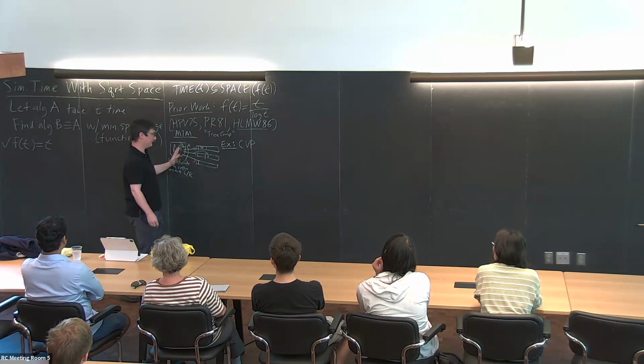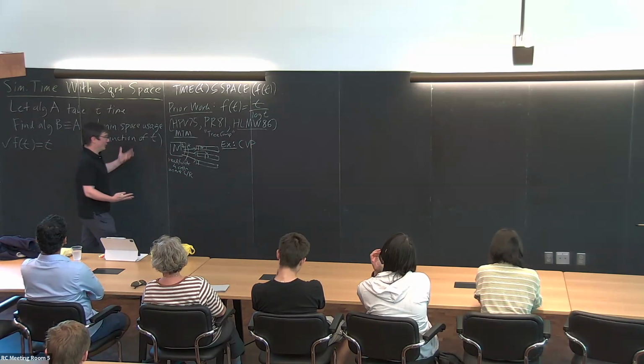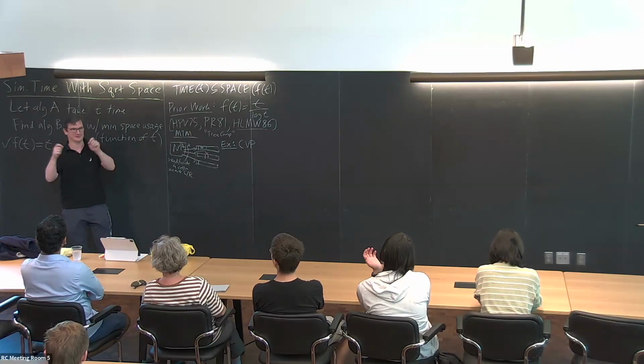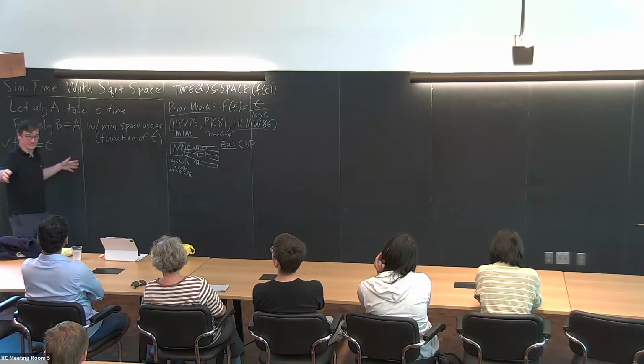So this sort of result means that the only thing that could separate multi-tape Turing machines from RAMs is the possibility of not knowing what register you're going to look at at some point in time. If I give you a circuit, then you know exactly at every point in time which two registers I'm going to read and where I'm going to put the result.